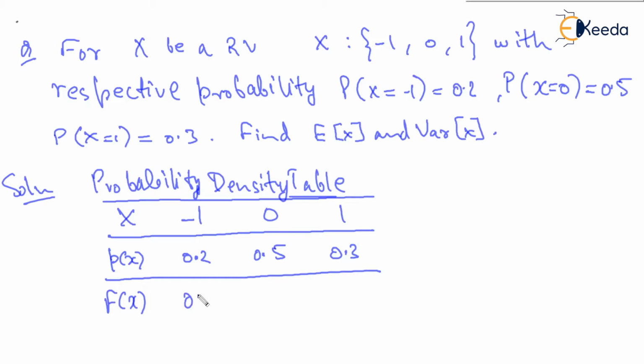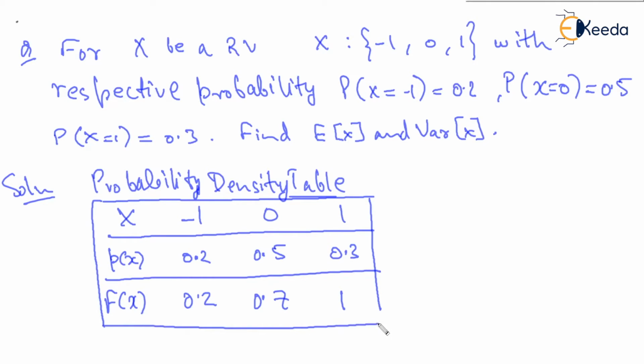This is 0.2, then 0.2 plus 0.5 is 0.7, and 0.7 plus 0.3 is 1. So this is the probability density table.